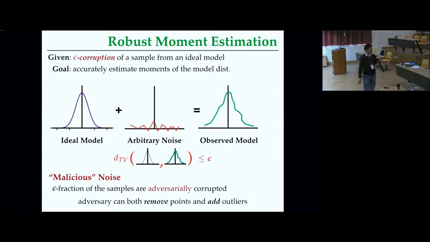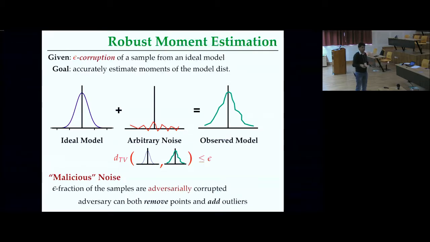So instead of an IID sample, you get what is called an epsilon-corrupted sample. Okay? And what that means is roughly that you took an IID sample, then an adversary got hold of this sample that was generated. And the adversary somehow chose some epsilon fraction of the samples to his or her liking and changed them arbitrarily.